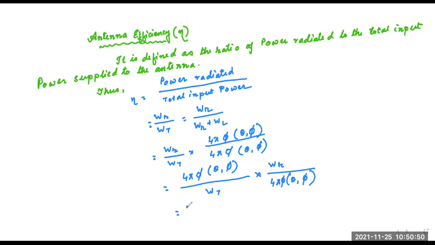So that is equal to GP by GD. That implies eta equals GP by GD, that is equal to WR by WR plus WL.